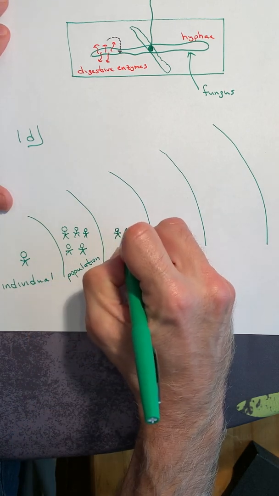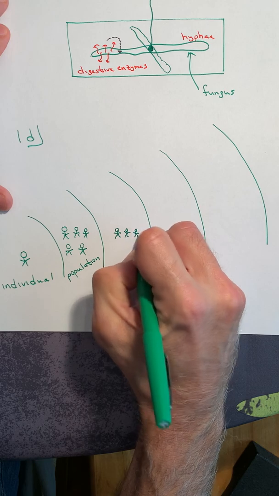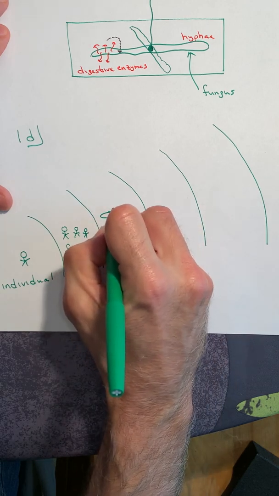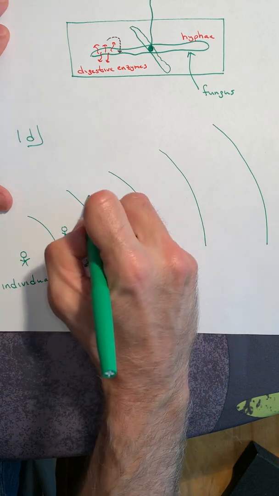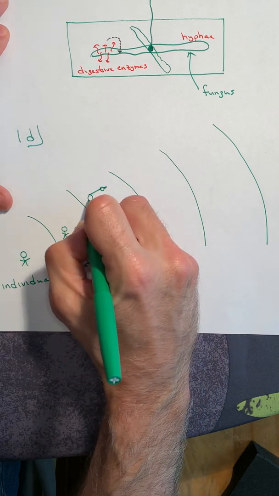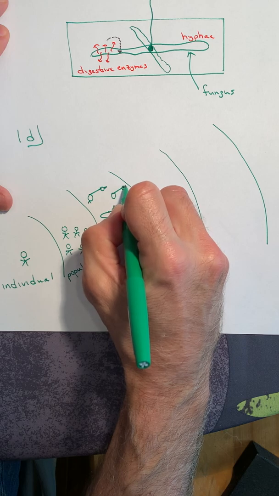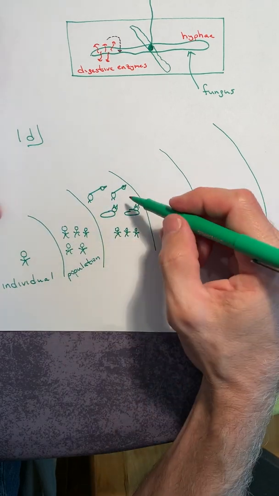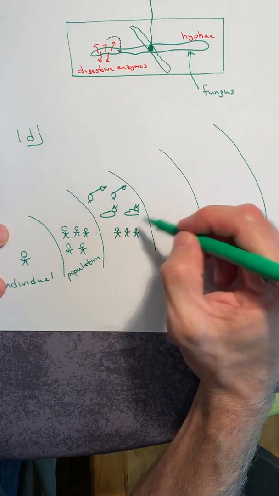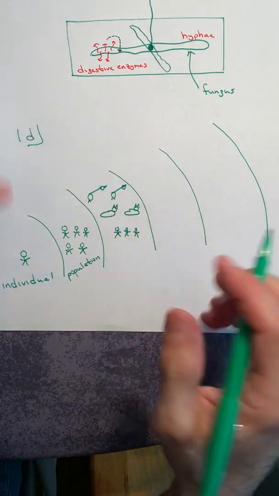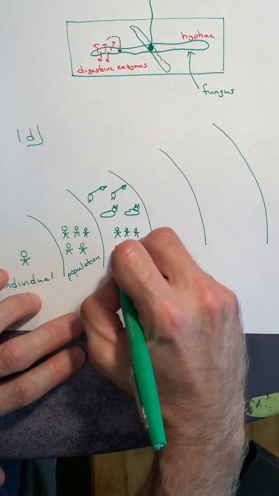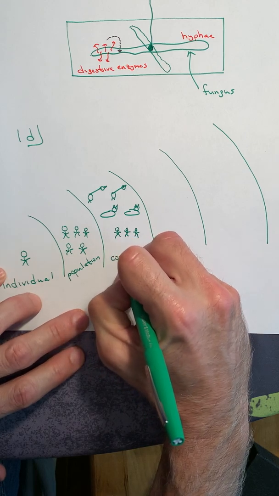Well, then if you have a population of this organism, and you have a population of this organism, and you have a population of this organism, right? So you have 3 different populations, 3 different species, and the fact that it's 3 really doesn't matter, just 2 or more. That is by definition a community.